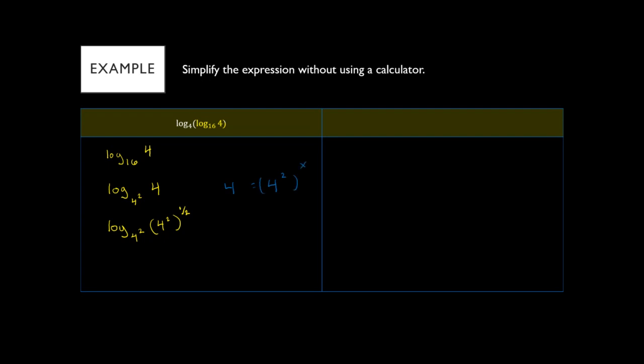I just have to mentally think, what exponent do I need there so that it cancels out the 2 and I just get back my 4, which is what I've got right here. So an exponent of 1/2 will cancel out the 2. So I rewrote this as 4 squared and then the 1/2 power. Now the bases match, so now I can cancel this out, and this gives me 1/2.